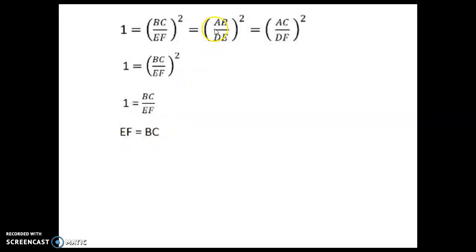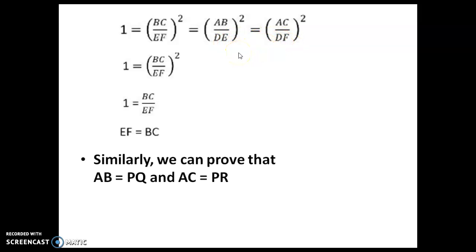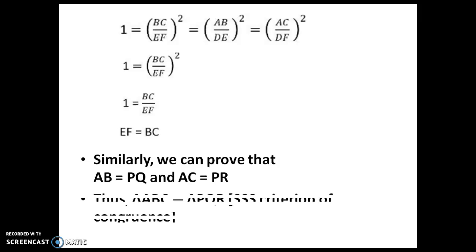Same way you can prove for any of these corresponding sides. Similarly we can prove that AB equals PQ, AC equals PR. Thus these two triangles are congruent.